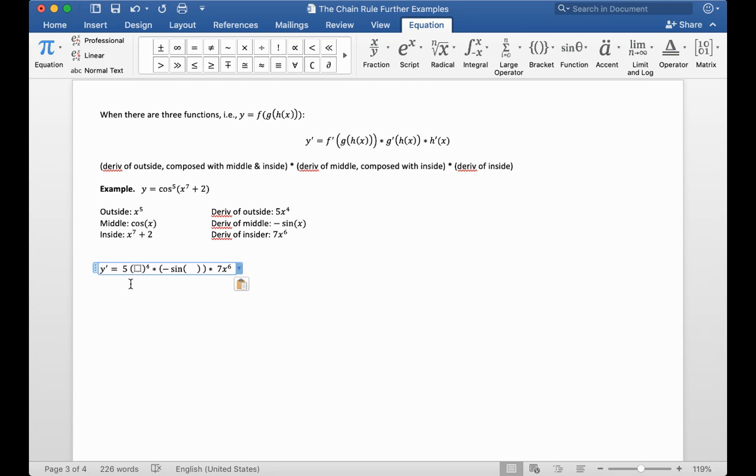So at this point, I've really got the derivative of the outside times the derivative of the middle times the derivative of the inside. And what I haven't done is I haven't done any of the composition here.